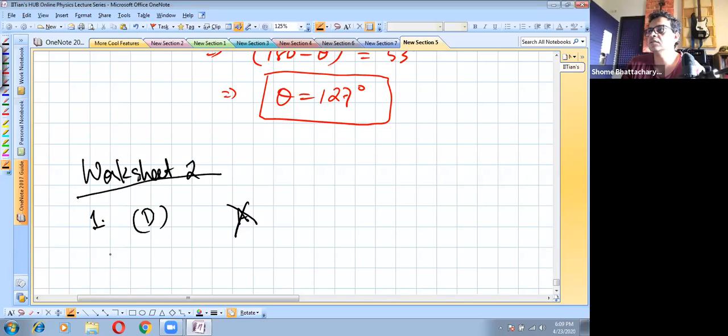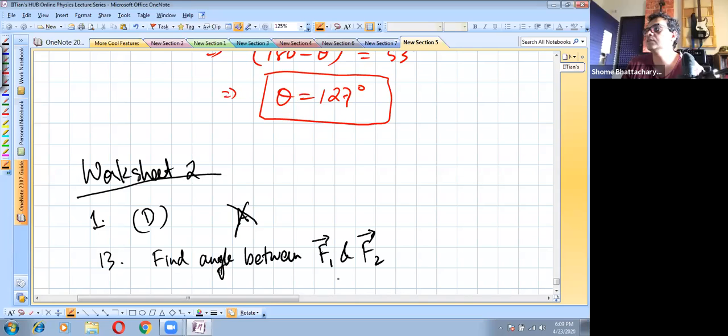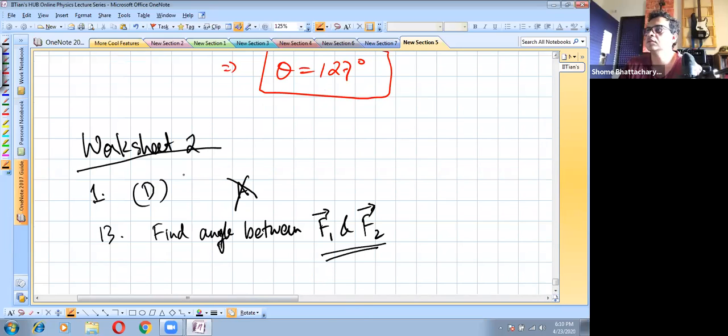In question 13, it says that you have to find the angle between F1, F2 and F3, but actually the second line should be: find the angle between F1 and F3. Don't find the angle between F2 and F3. You can find it between F2 and F3 also, but the answer will not match. So just change the line in the question. So just these couple of corrections.